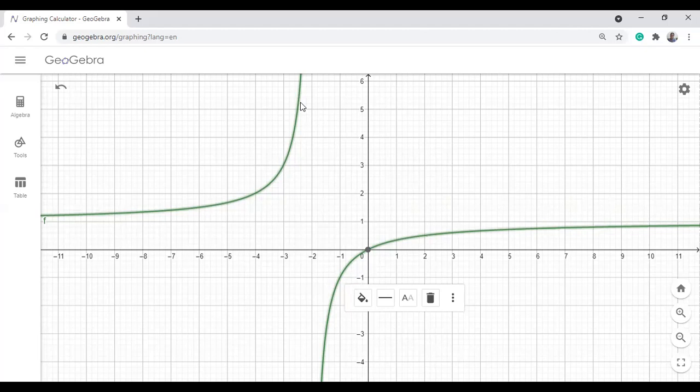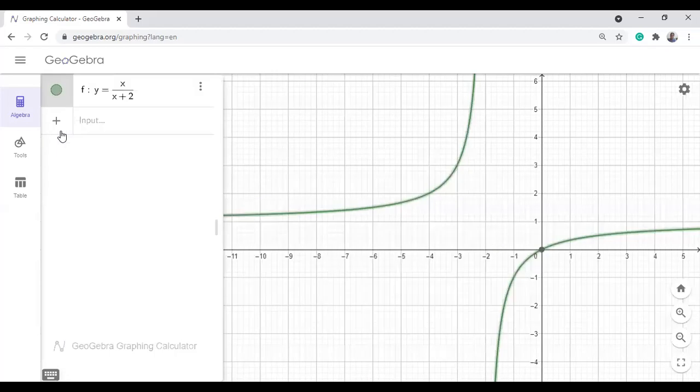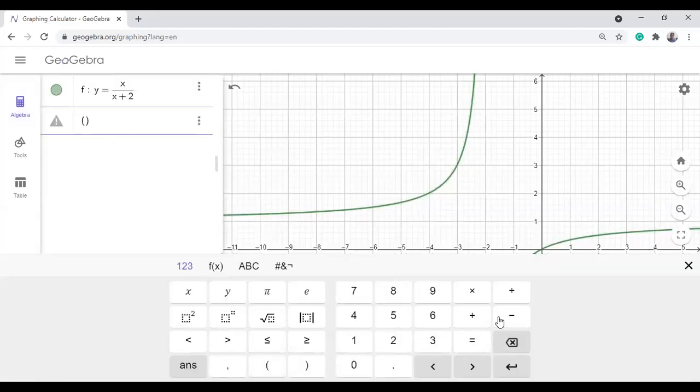If not, from the table of values, let's make use of that. From the table of values, we're going to input the points. We have 1 and then -1. And then 0, the value of y is 0.